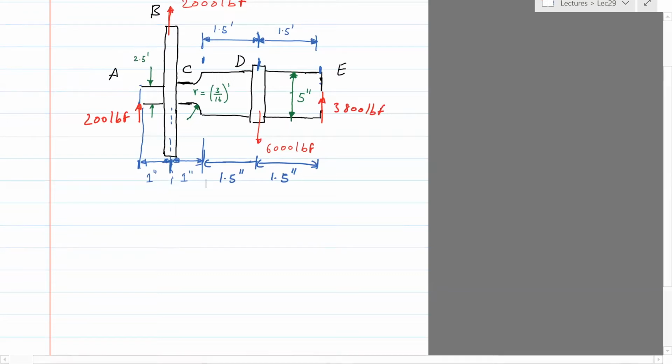For that, you'll have to cut the beam at different points and write the bending equation, and you get the values. Think of this as a beam. Very similar to that, yes, it's like a beam, right? Right.